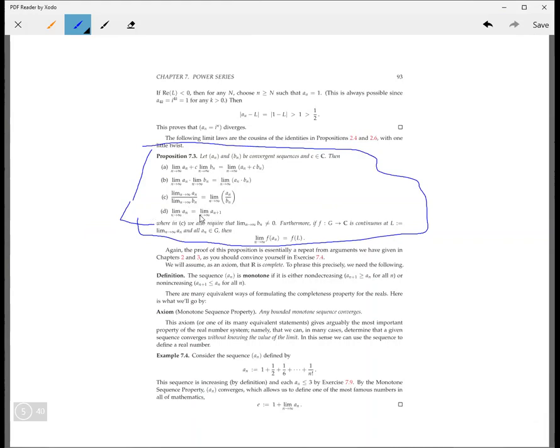Whether a sequence converges or not doesn't depend on the first terms. It depends on what happens as you go to infinity. So you can take whatever number of finite terms, and that's not going to affect whether the sequence converges or not. It's what happens at the end as you go to infinity.